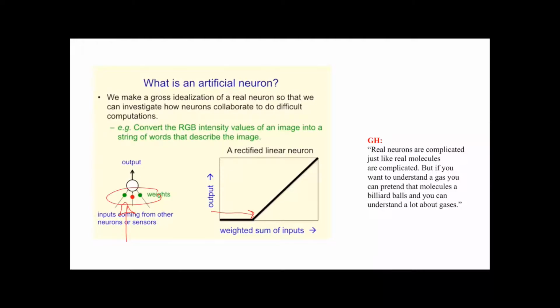So let's say the job is to show the network RGB intensity values. These are just pixels, colored pixels from an image. And we want to translate these pixels into words that describe the content of the image. So this is the task of the AI system that he wants to use to illustrate what AI can do.